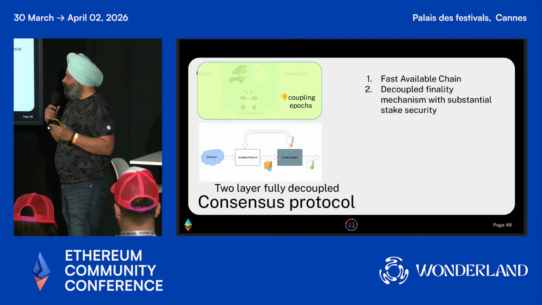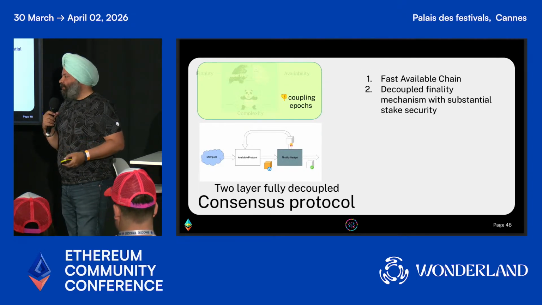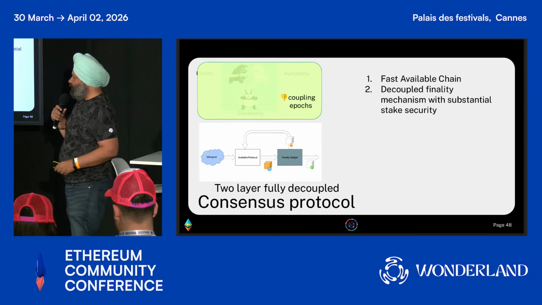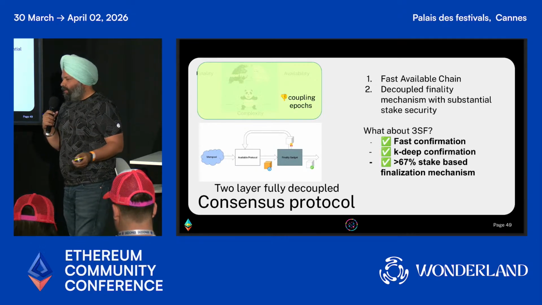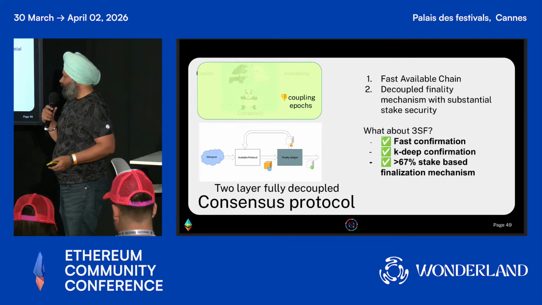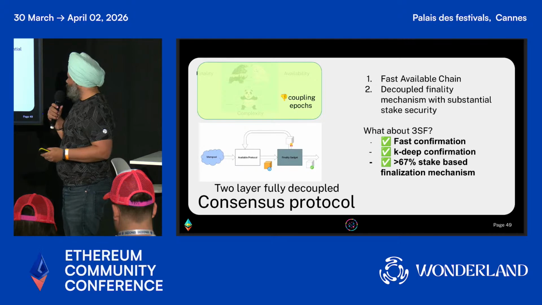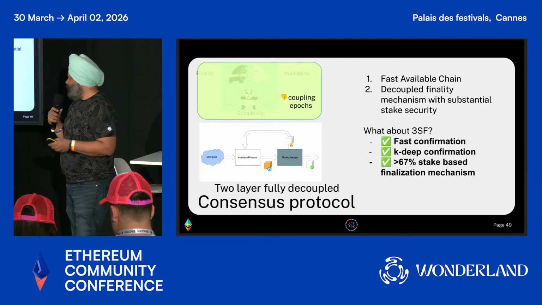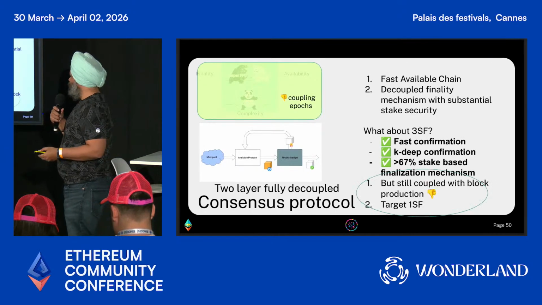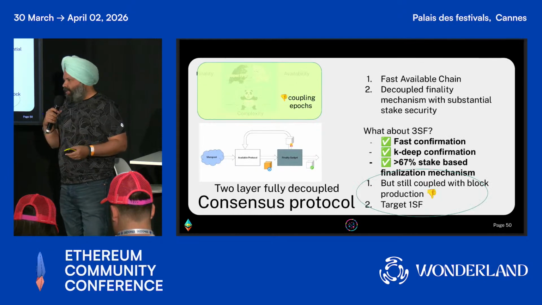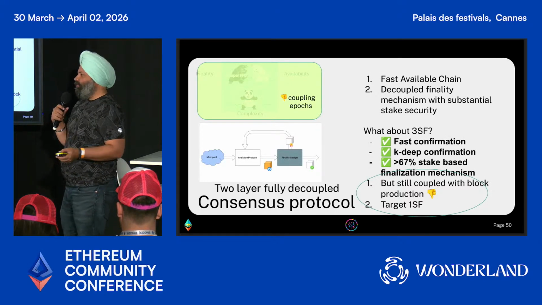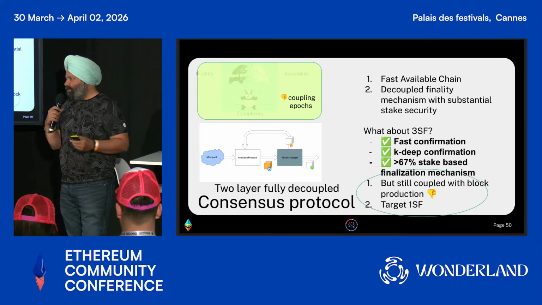So you want a fast available chain and a decoupled finality mechanism with substantial stake security. And what about 3SF, what we are currently using? It has fast confirmation and K-deep confirmation, and it has a 67% stake-based finalization mechanism, but it is still coupled with block production, and we want to do one-slot finality, so it's not good enough.